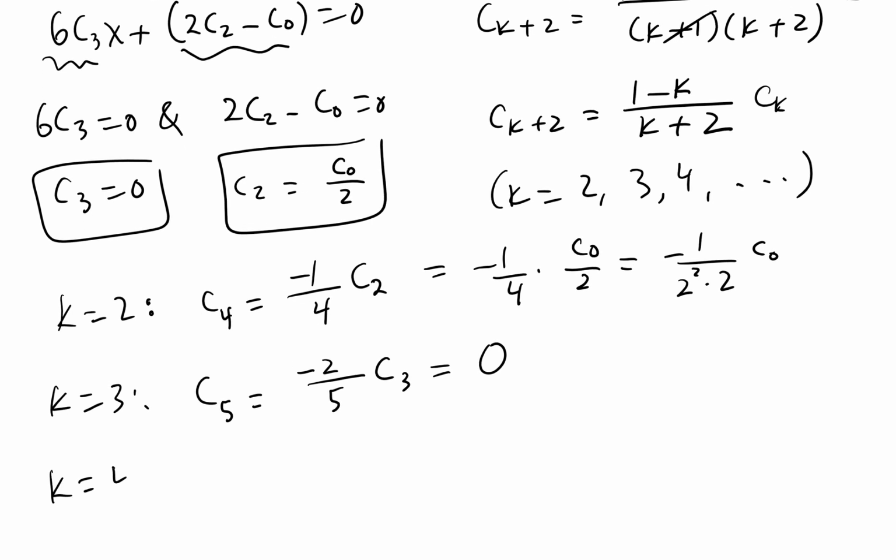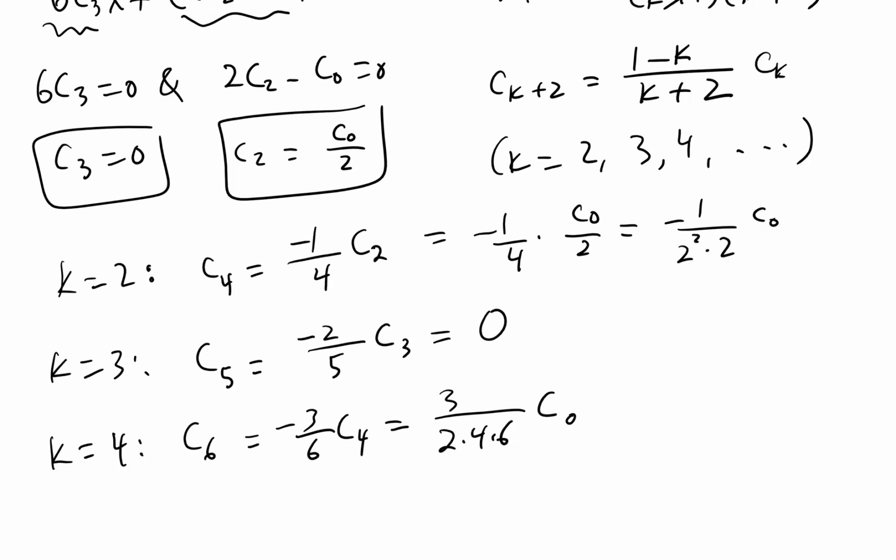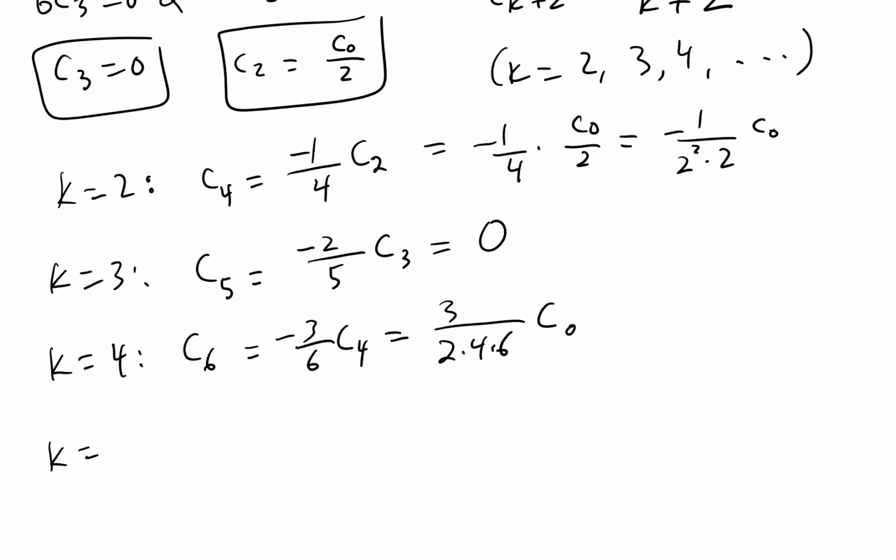k equals 4. So c sub 6 is negative 3 over 6 c4. But c4, we found it, there's a negative 1 over something. So negative, negative, that's a positive. 2 times 4 times 6, c sub 0. If you take k equals 5, we get c7, which is negative 4 over 7 c5, and that's a 0.